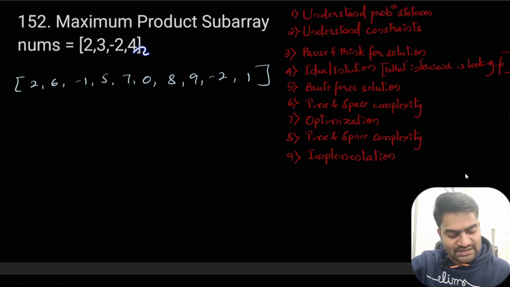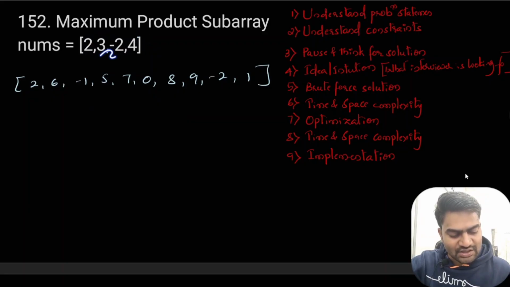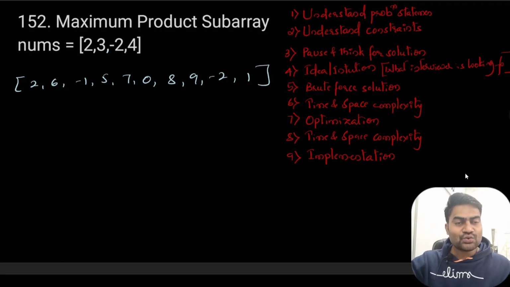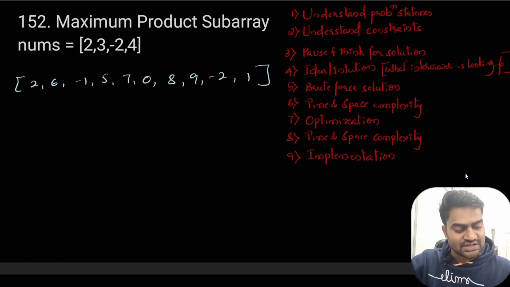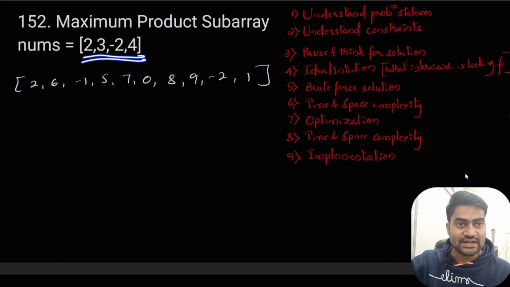Next, if we consider 4 as well, it will generate a still more negative number, so that cannot be our maximum product. Now, only 3 is less than 6, then 3 into -2 is -6, again a negative number. If you consider the next number, it again becomes negative. So in this case 2 into 3 will give us the maximum product. So how do we find such a maximum product in the given array?